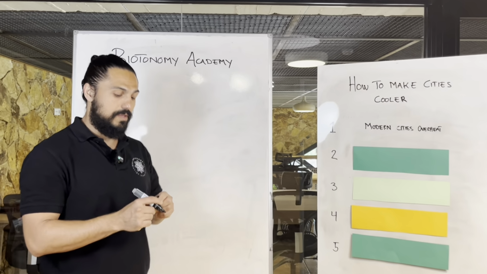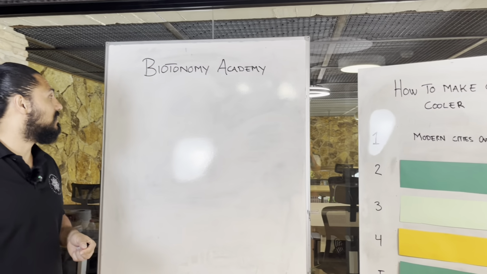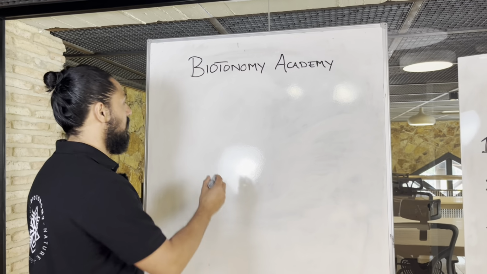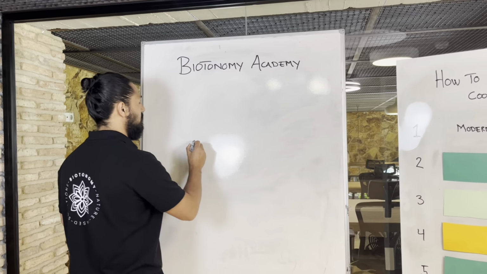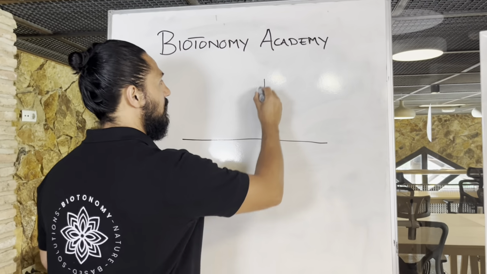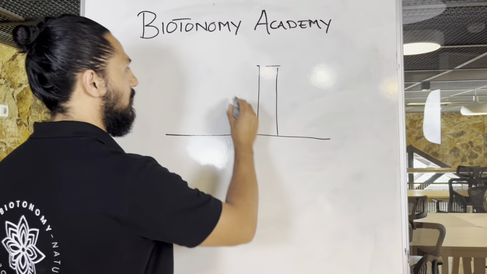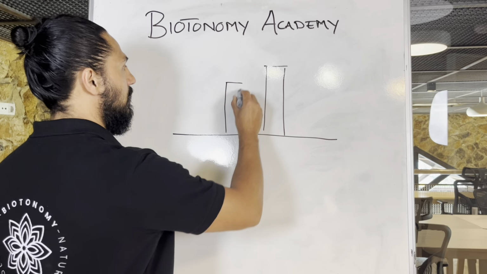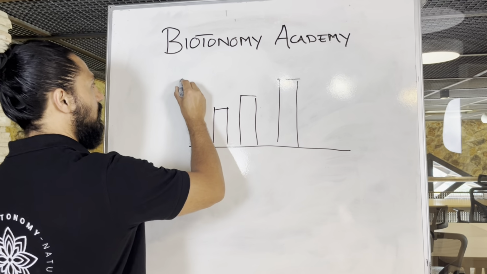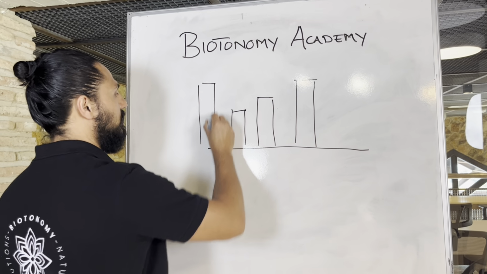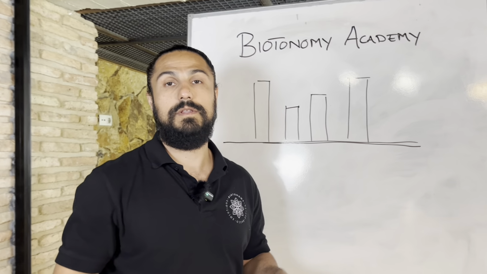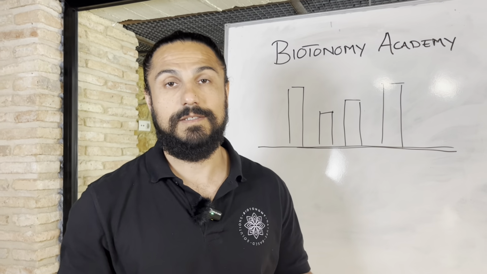Let's understand the problem. Why is this happening? There are a couple of reasons for this. If we look at how modern cities are designed today, we basically have a lot of high-rise buildings everywhere. And these buildings are, in the majority of cases, built with concrete and glass.